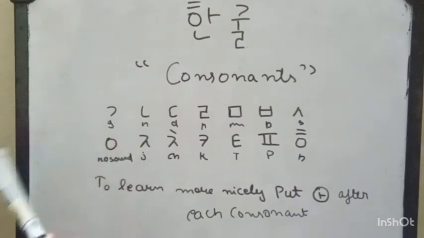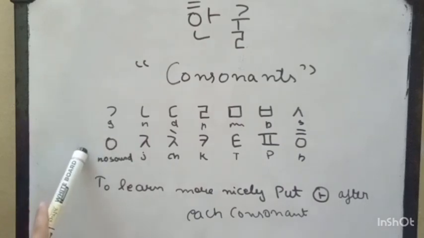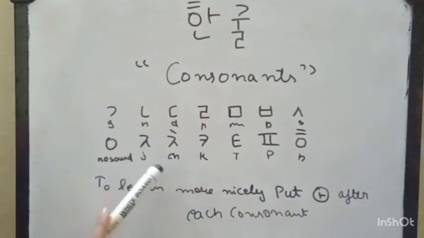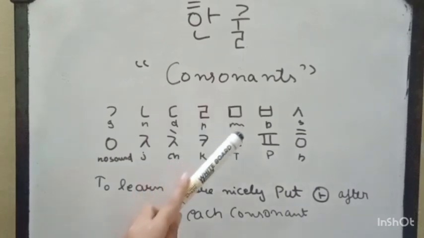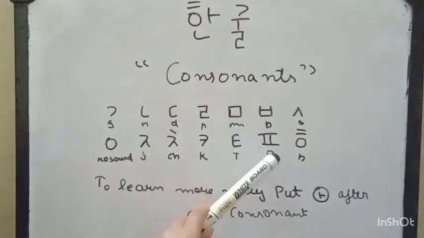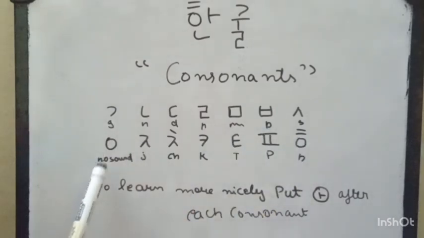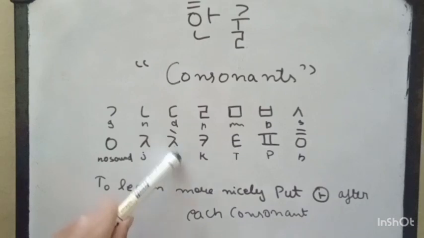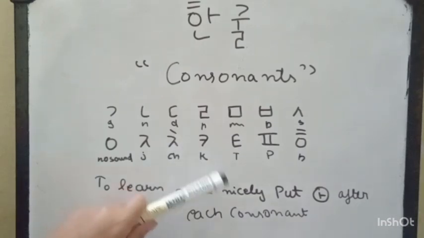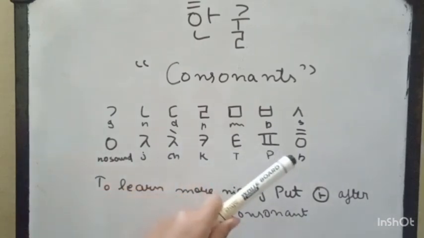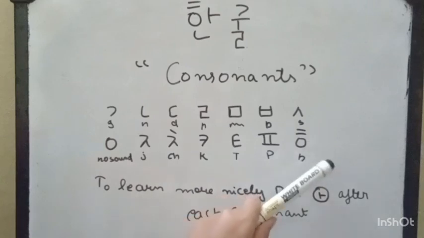So let us just pronounce it: ng, j, ch, k, t, p, h.